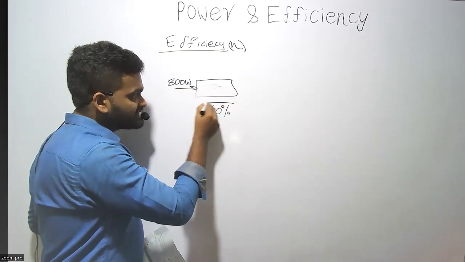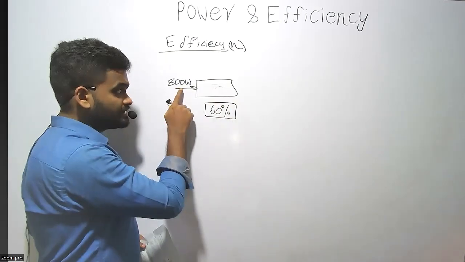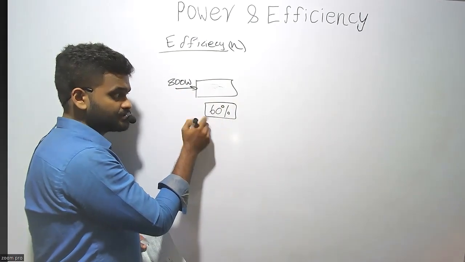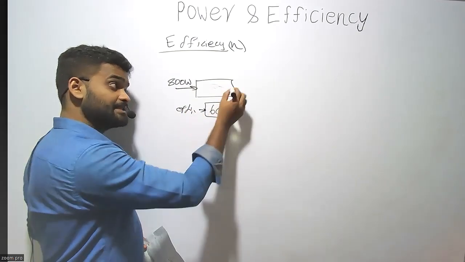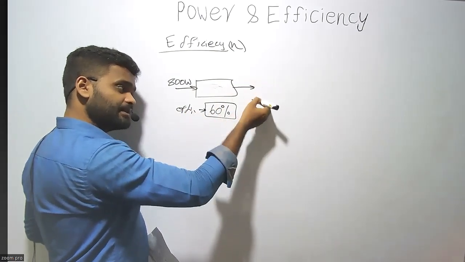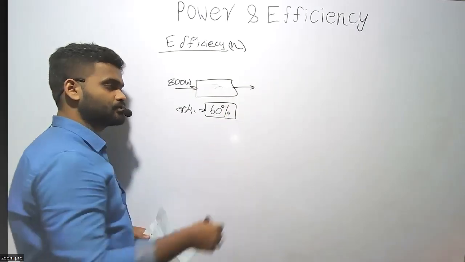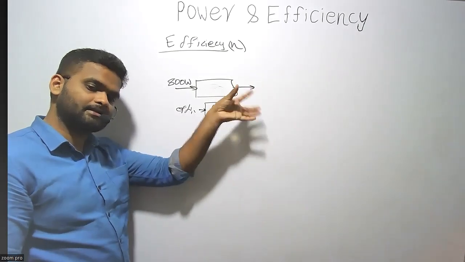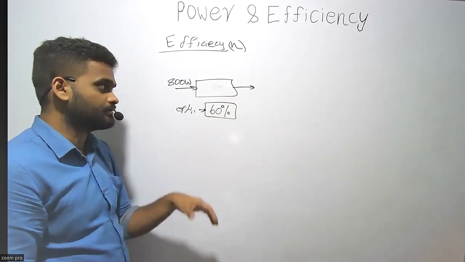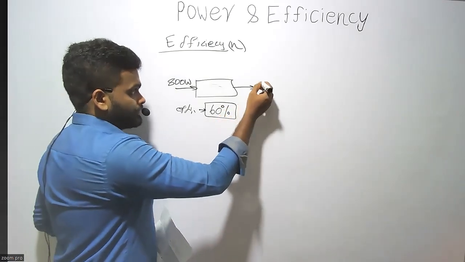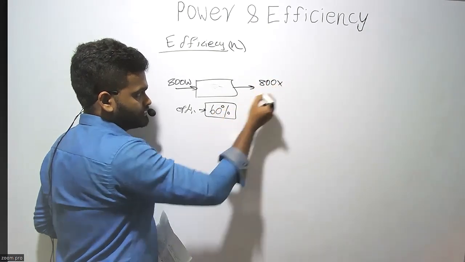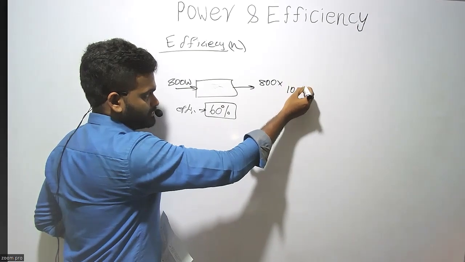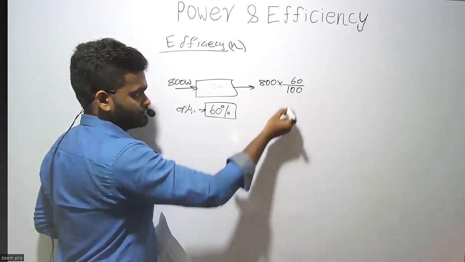Then only 60% of that, this is the efficiency, is generated as mechanical energy. So we use a motor in order to rotate this stuff, right? So from 800 watts, only 60%. 60% means 60 divided by 100.